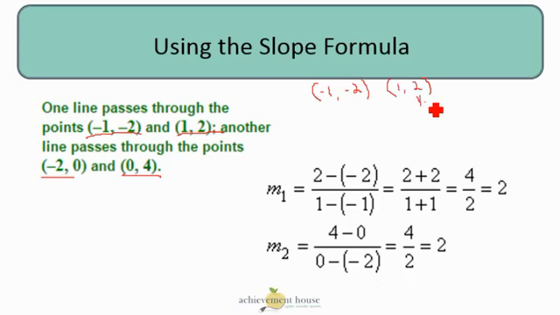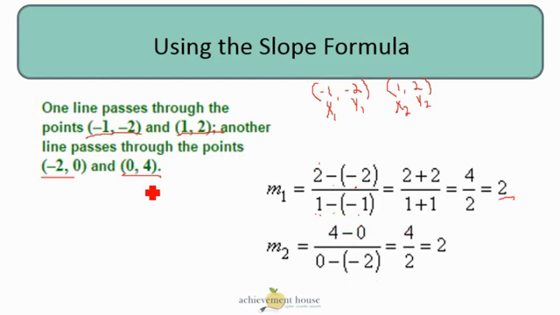I'm going to make this y2, this y1, this would be x1, and this would be x2. So y2 minus y1 over x2 minus x1. Simplify, you get 2 plus 2 over 1 plus 1, you get 4 over 2, you get 2.